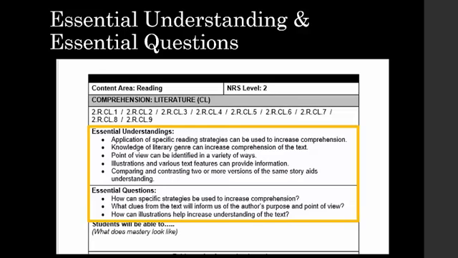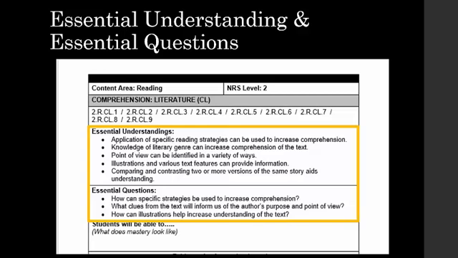Now, granted, we were only looking today at the first example, or the first standard, and we didn't even get all of that standard addressed in our objectives just because of time. But if you look at this very first essential understanding, it says application of specific reading strategies can be used to increase comprehension.